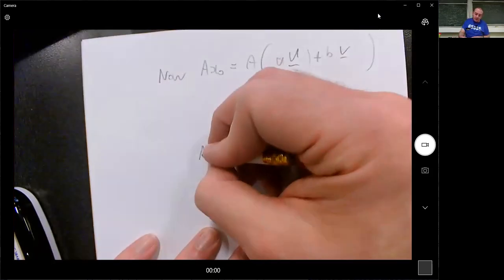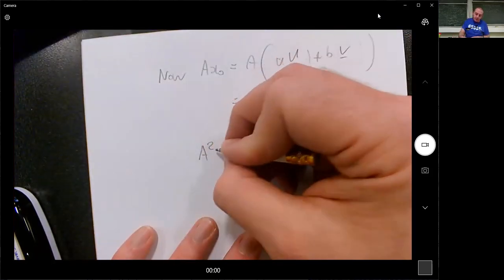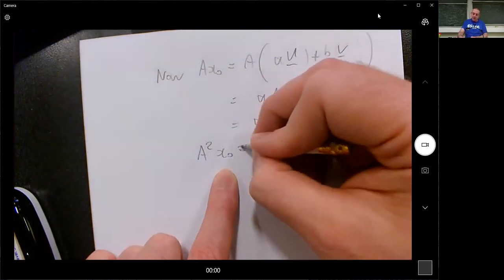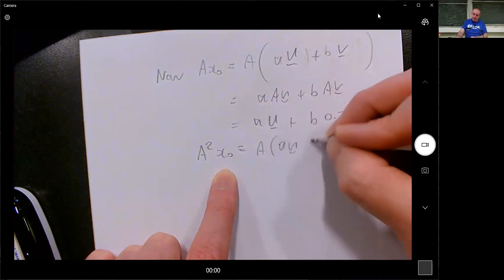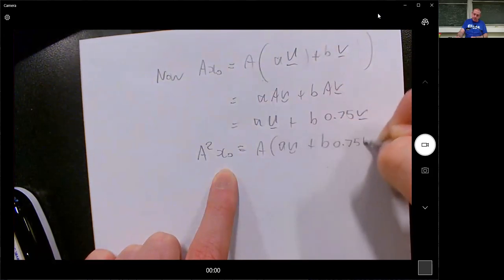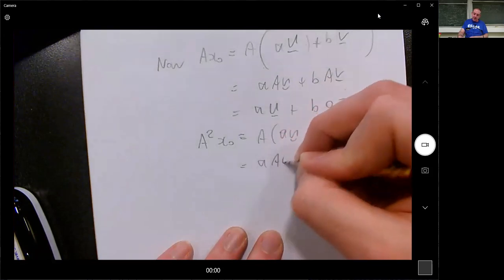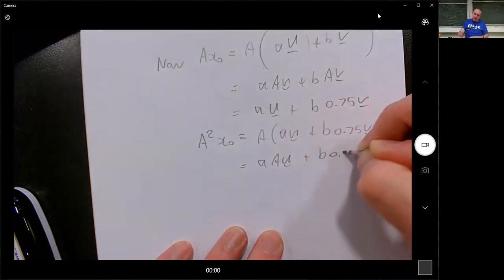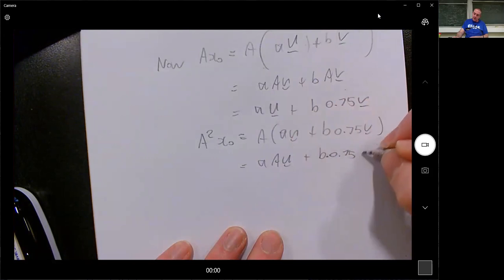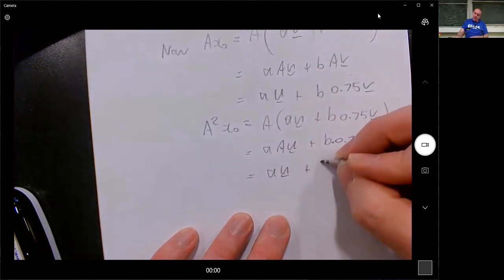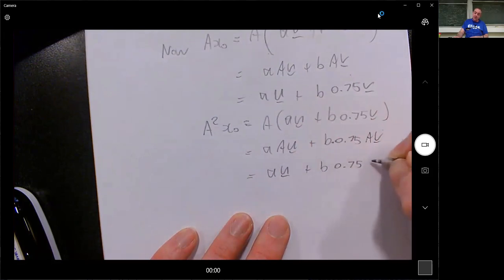And if I had A squared times x naught, that would be A times the thing I just made. And the same thing's going to happen. I'm going to get a times Au plus b times 0.75 times Av, and that's going to be au again, and I'm going to get b times 0.75 times another 0.75.